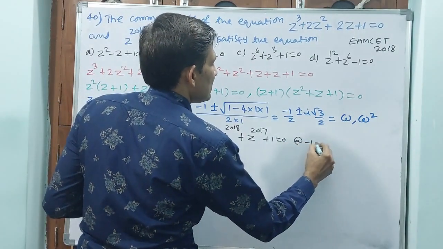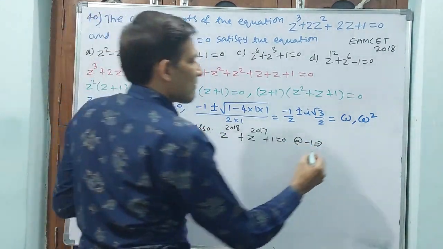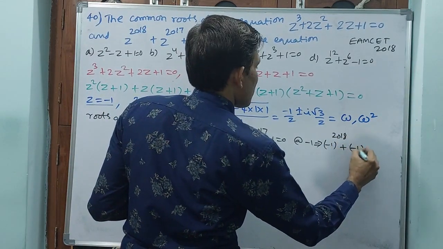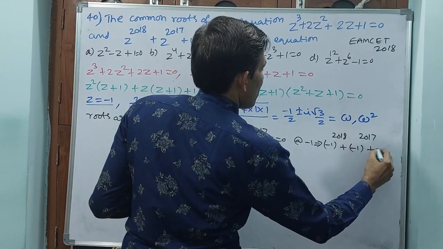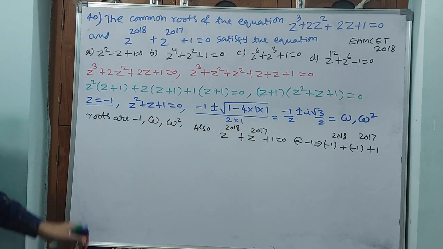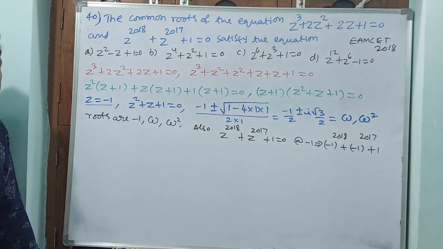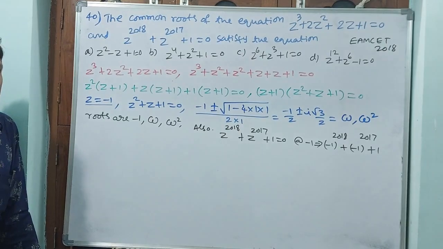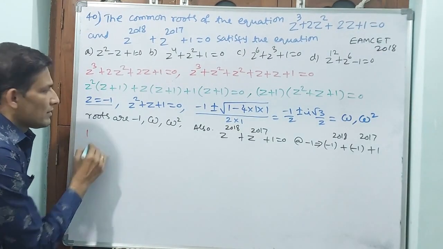At minus 1, minus 1 power 2018 plus minus 1 power 2017 plus 1. You take LHS only. Don't write RHS. Why? Because RHS should come 0. Minus 1 power 2018, you see, power is even, so plus 1.